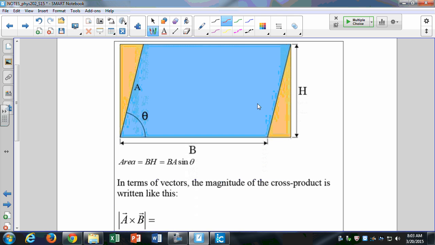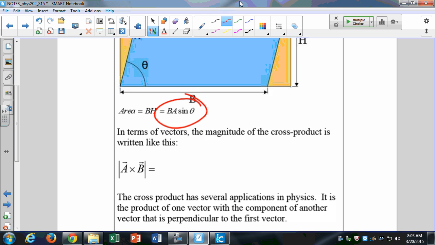The area is equal to the base times the height, and that's equal to the size of one vector times the size of the other vector times the sine of the angle between them. That's just mathematically how we find that area. So the magnitude of this cross product is equal to A times B times the sine of the angle between them: the magnitude of A times the magnitude of B times sine theta.